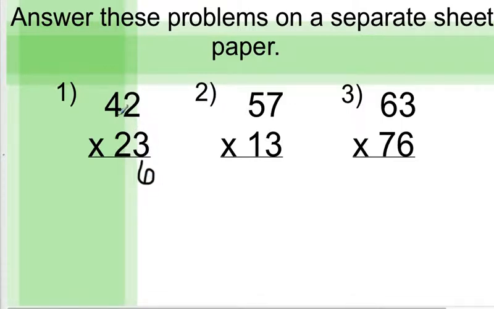And then we have 3 times 4 is 12, and there aren't any more numbers on that line, so we're going to go to the next column. We're no longer multiplying by the ones, so we put a 0 here. We're multiplying by the tens. 2 times 2 is 4, and 2 times 4 is 8. And then we're going to add them up.